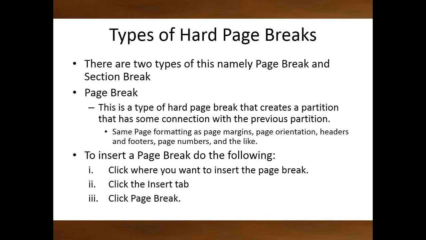So if you put a header in one segment or partition, that header will appear in all the other partitions or segments. If you put page numbering there, the style of number that you choose will be the same numbering style that will appear in the other segments. And even the sequencing of the numbers will be the same.